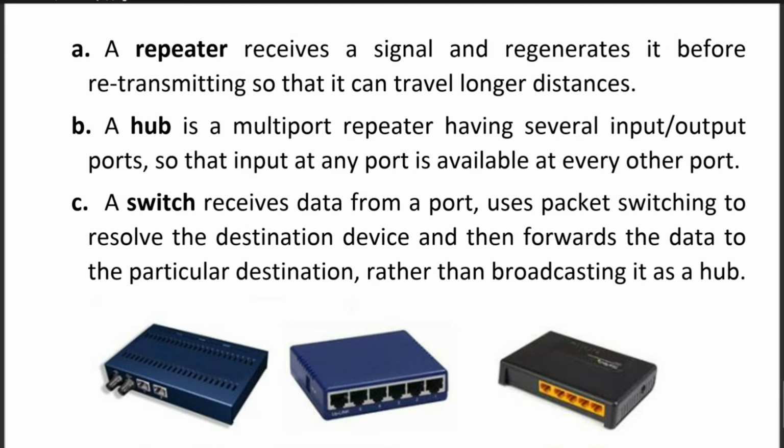Unlike a switch, the hub receives the signal and then transmits it in several directions irrespective of where it is supposed to go. It just sends it out through its multiple ports, so it broadcasts it in such a way that every device can receive it. But a switch receives the data, finds the destination of the data, and then transmits the data to that particular destination.